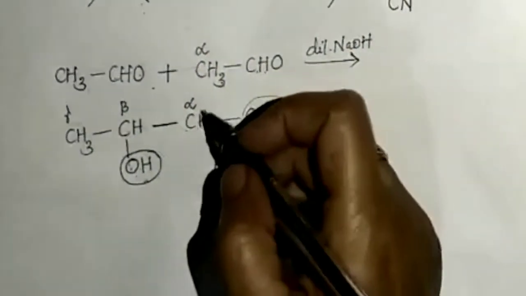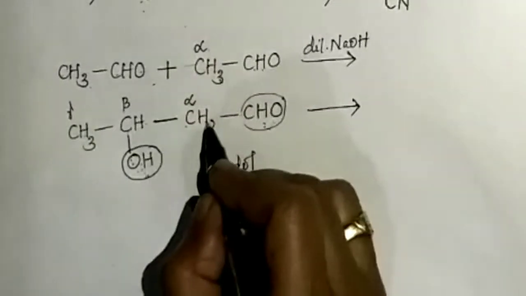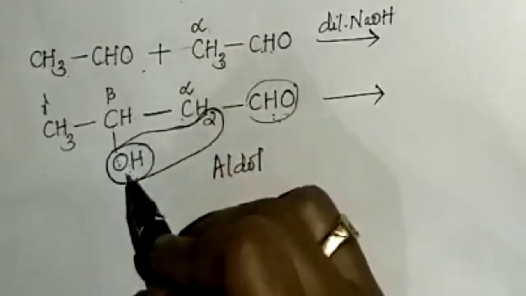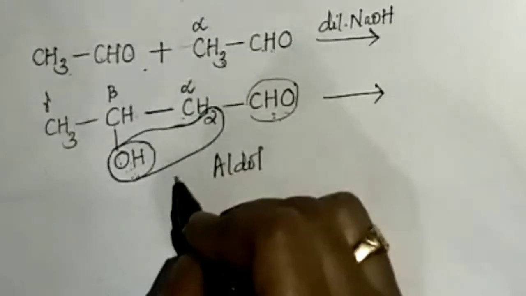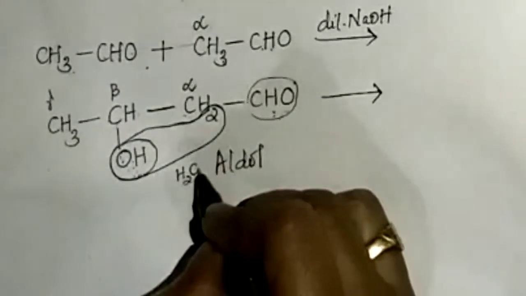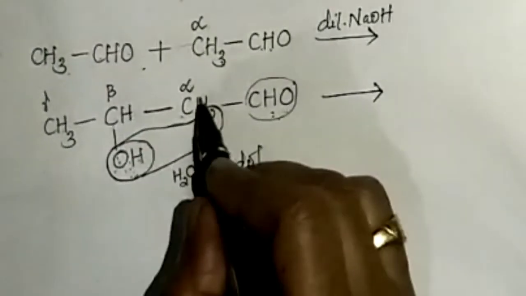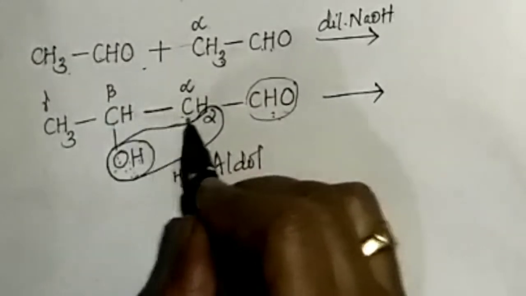From the alpha carbon one hydrogen and from the beta carbon the OH are eliminated, and a water molecule is lost. Then a double bond forms between them.